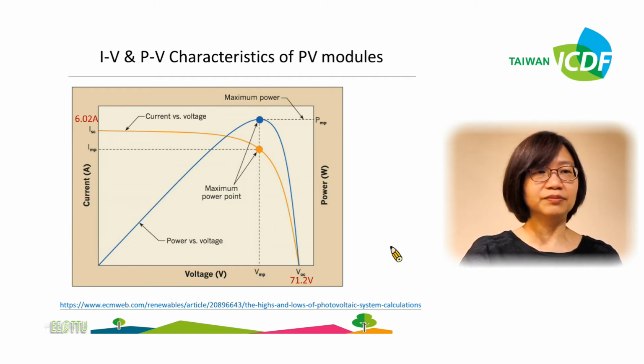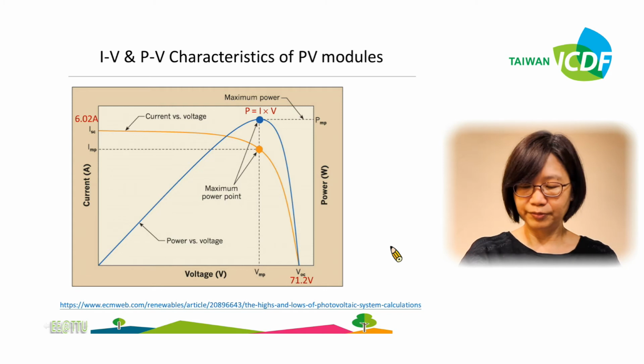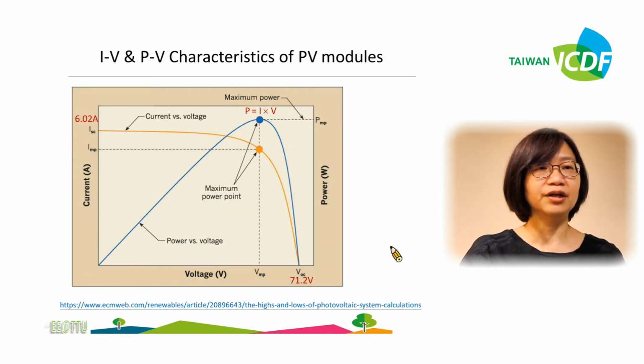Then you can multiply the voltage and current to get the power with respect to the voltage. You can see that there is a peak, the maximum output power. We represent this power as P sub MP.